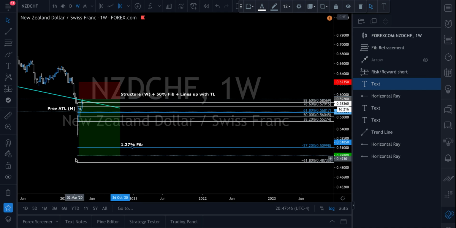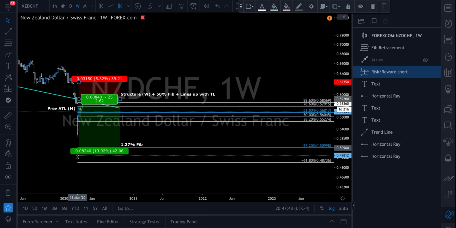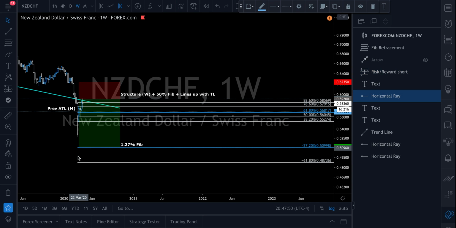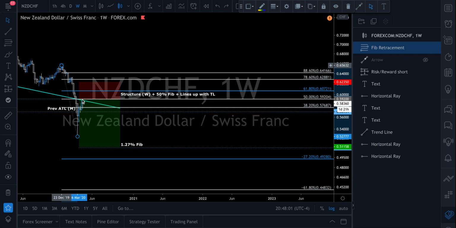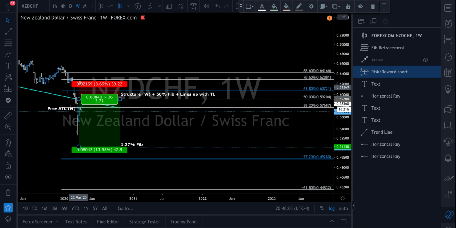We wanted to move our take profit just at the 27 fib level of this previous leg, as you can see right here. And we're going to be moving our stop loss just above the 61 zone. As you can see, this is a 1 to 4.16 risk reward ratio.